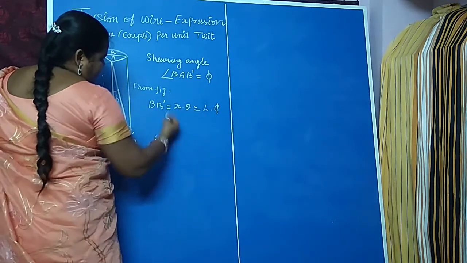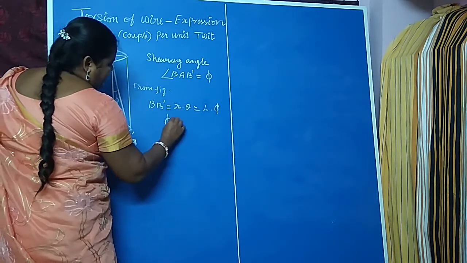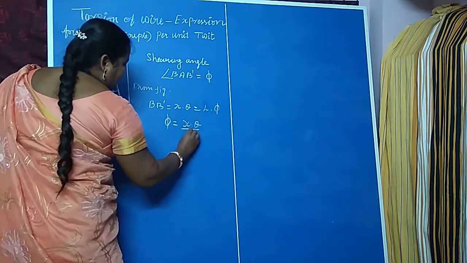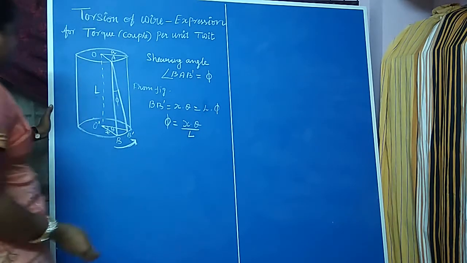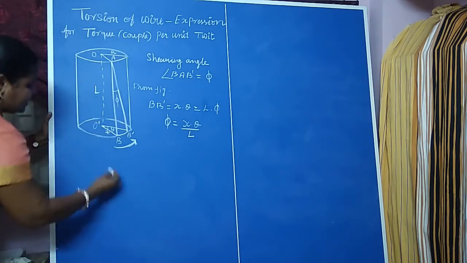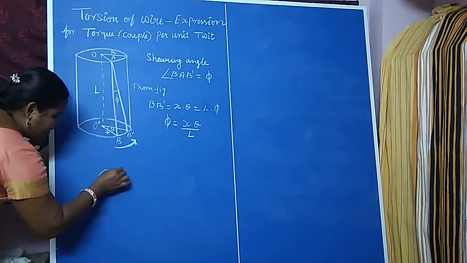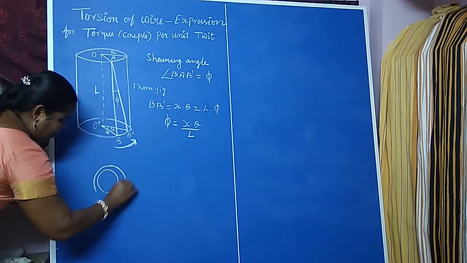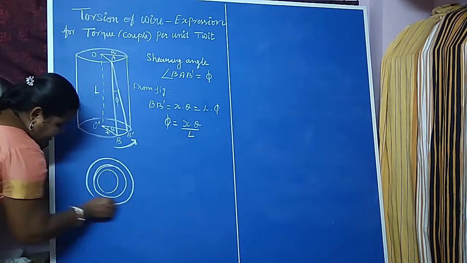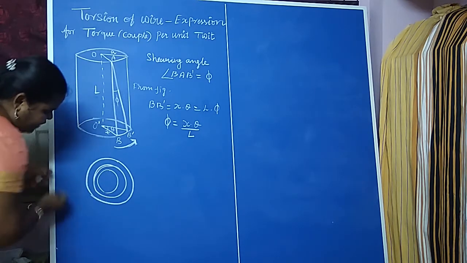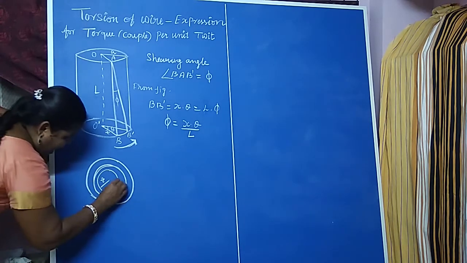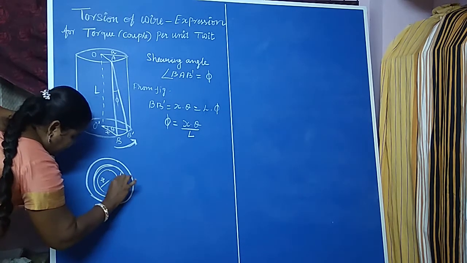From this relation, we can calculate phi equal to x theta by L. Also consider that the cylinder consists of an infinite number of coaxial cylinders. From this, we are considering only one cylinder of radius x having a thickness dx.